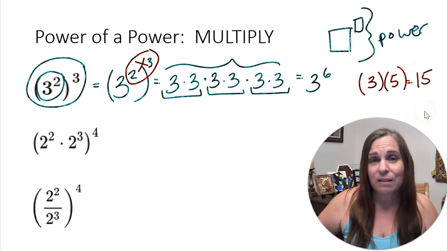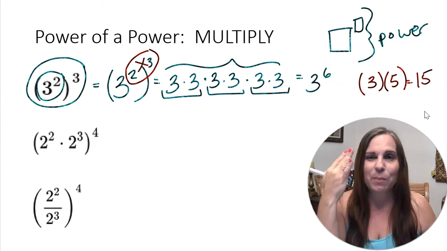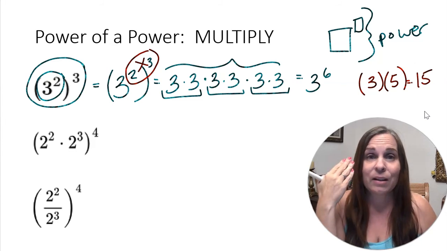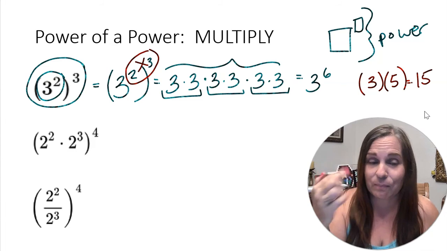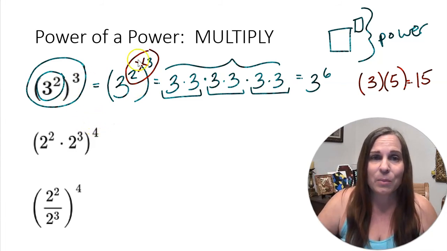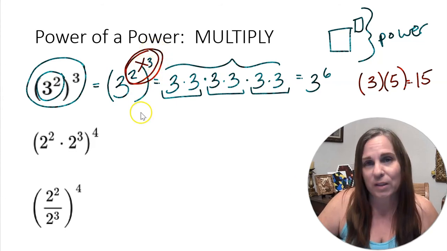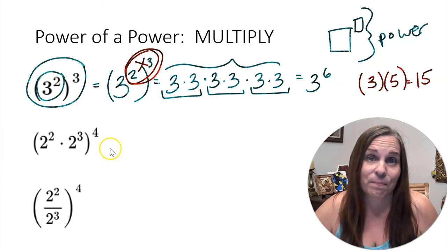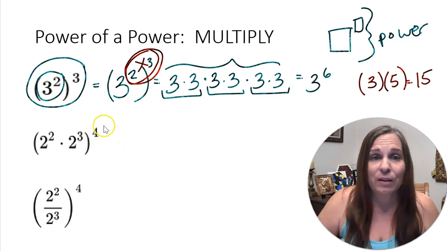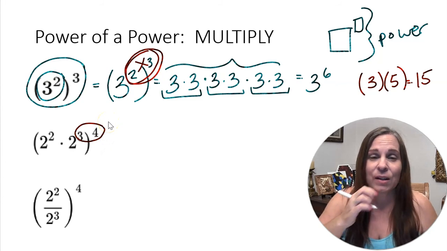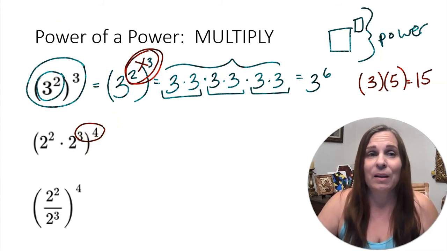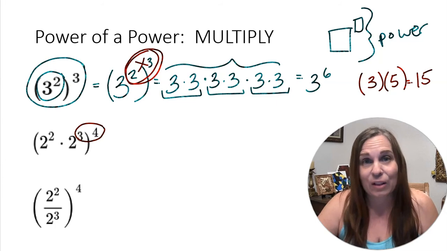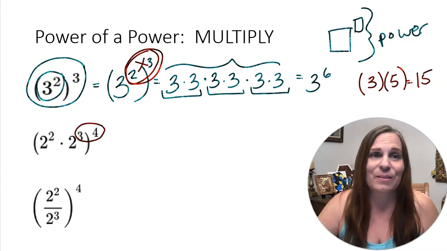So the way that I trigger my brain to remember that I have to multiply here is because these numbers are right next to each other, and the only thing separating them is the close of the parentheses.